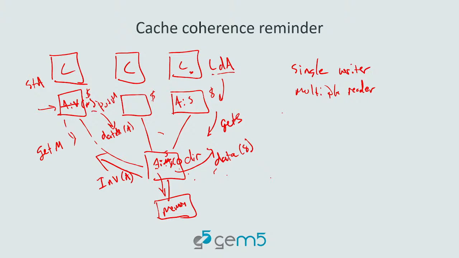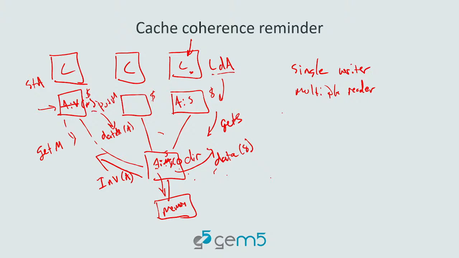So either you have a single writer, or you have one or more readers. That's all coherence does. It's mostly coordinated at the cores with the way the cores interact with the coherence protocol.